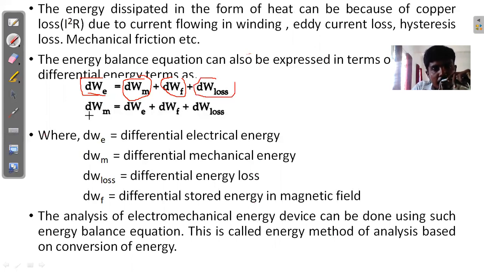So whenever we convert electromechanical energy, we write the energy balance equation: dW electrical equals dW mechanical plus dW stored plus dW losses.